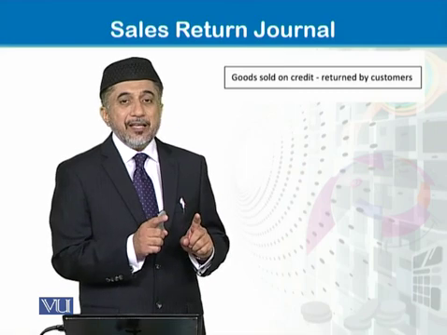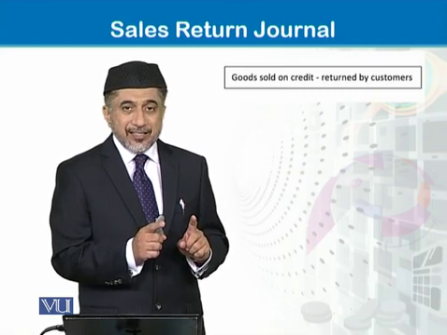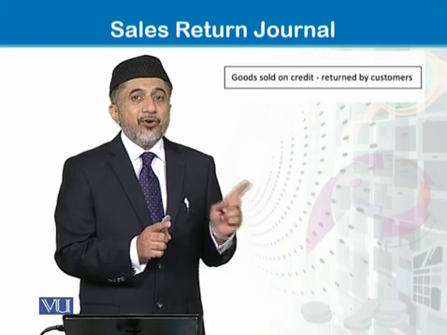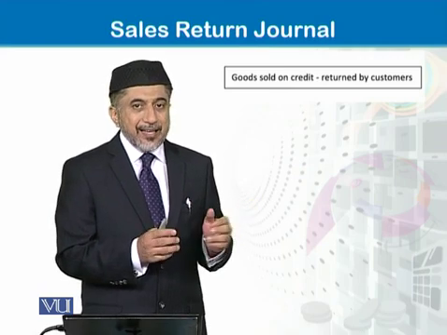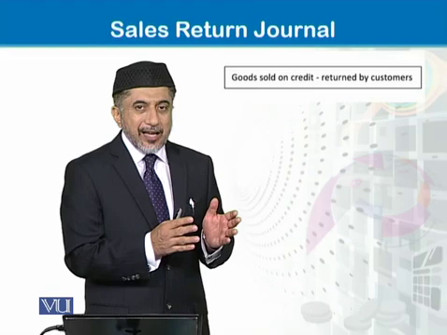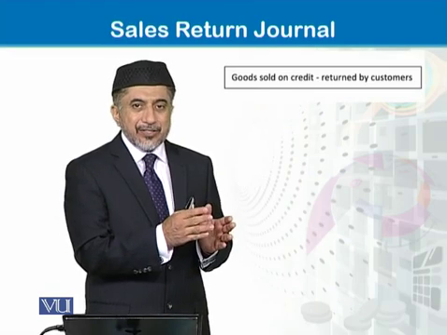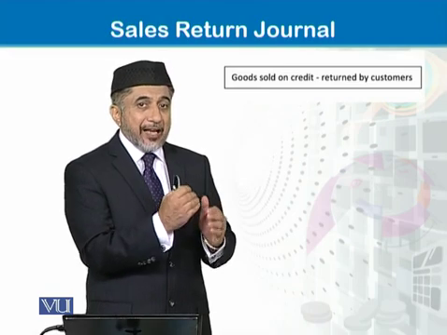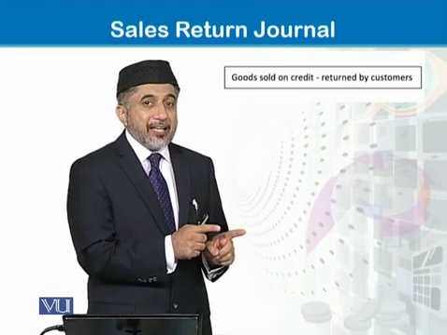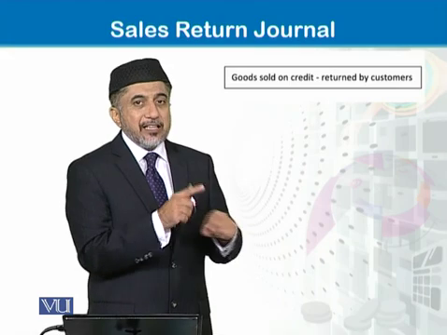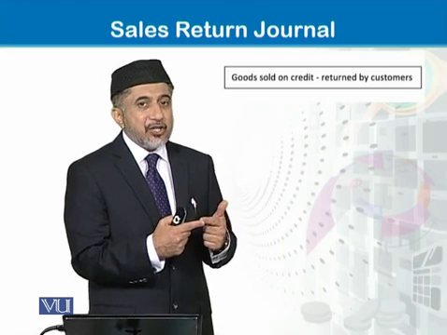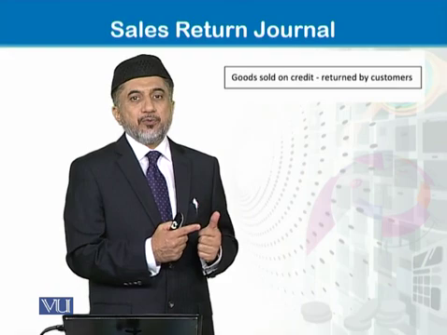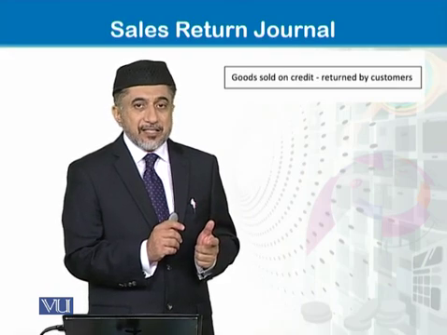If there is a sales return against a sale that was made in cash, then obviously while selling the goods you received cash, and when that sales return happens, you will pay cash. That sales return against cash will be recorded in the cash book, not in this sales return journal.